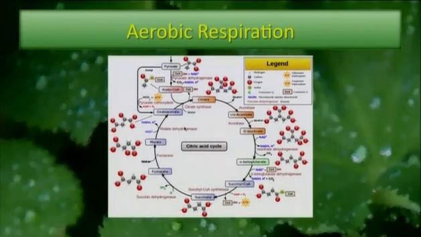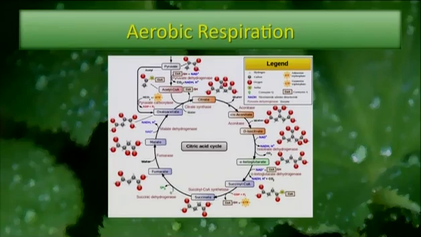So you see here the acetyl coenzyme A coming in here, joining with, I'm looking for the oxaloacetate. Let's see. Here it is, oxaloacetate, forming a 6-carbon structure.